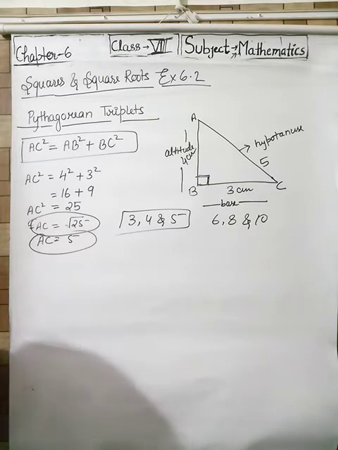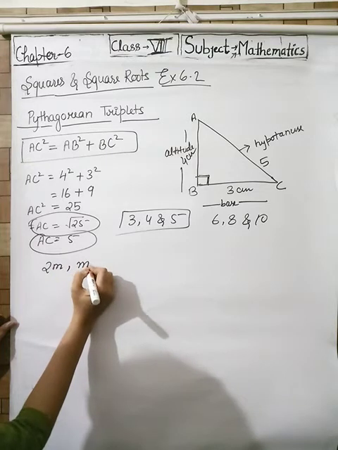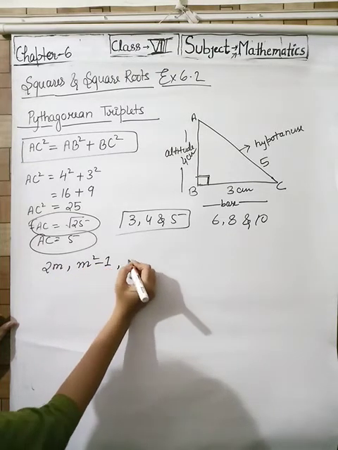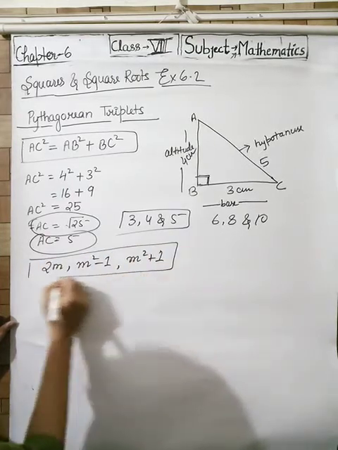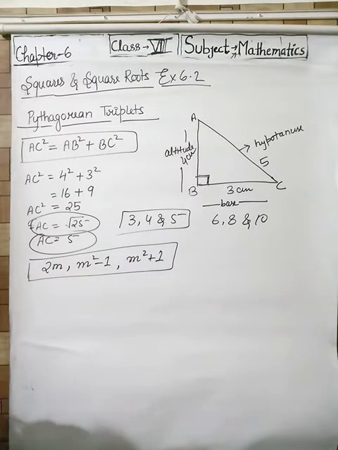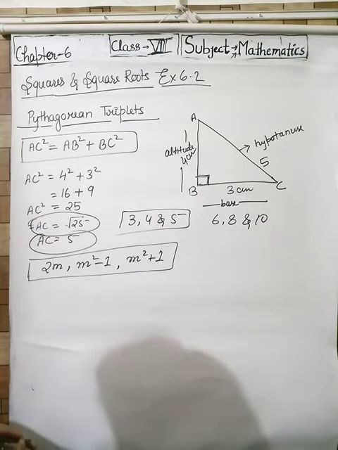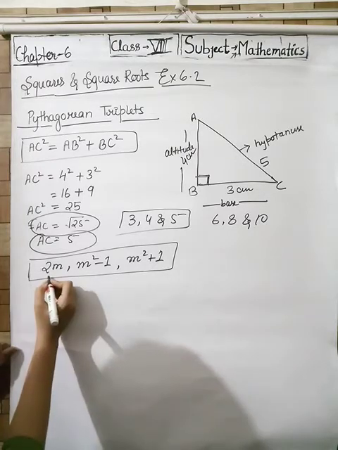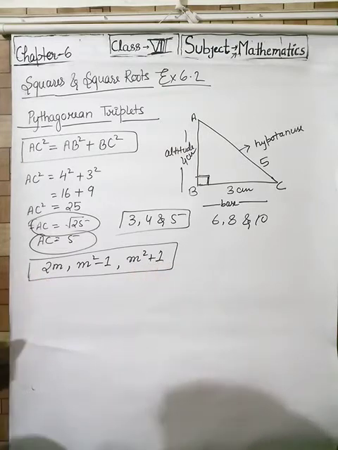We indicate a Pythagorean triplet as 2m, m square minus 1 and m square plus 1. These are the general indication of a Pythagorean triplet. Again repeating, Pythagorean triplets are three integers such that they represent the sides of a right angle triangle and they are indicated as 2m, m square minus 1 and m square plus 1.